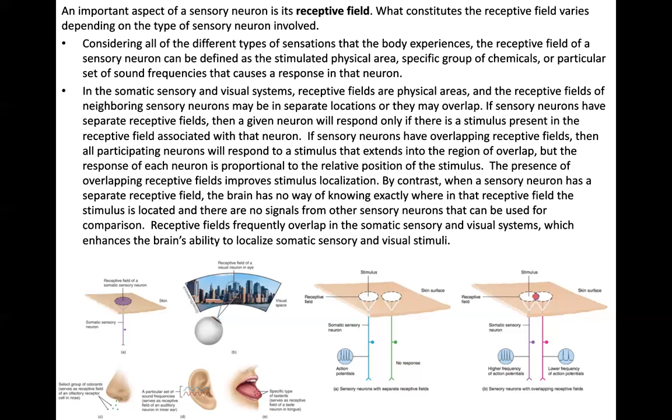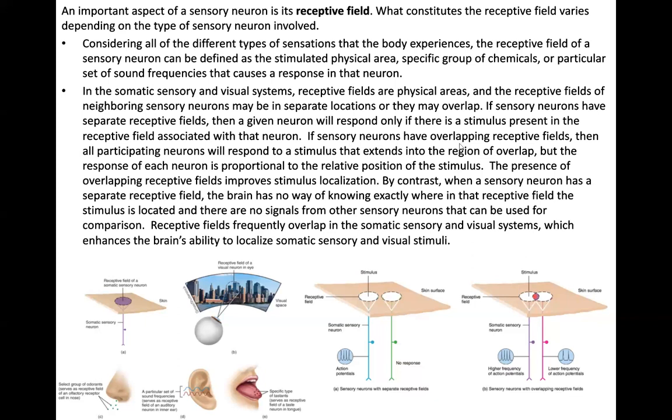But you both can't catch the ball since you're that far apart. You're in separate receptive fields because your arms aren't going to overlap. If you got closer together, like with Erica, and I threw the ball in the middle of you, chances are both of you could catch it, or one or the other could catch it, right? So if they're separate, we can only create action potentials in the given neuron if the stimulus is present in the receptive field associated with that neuron.